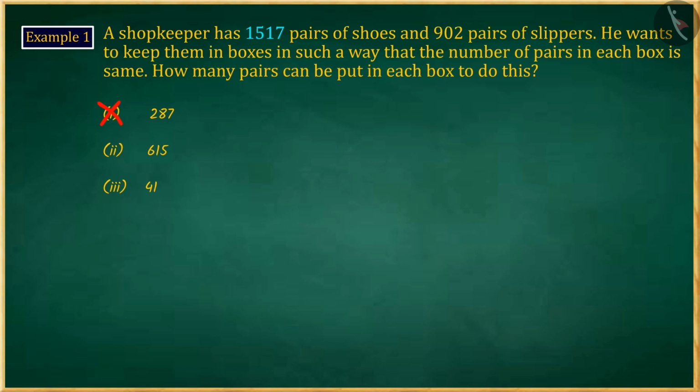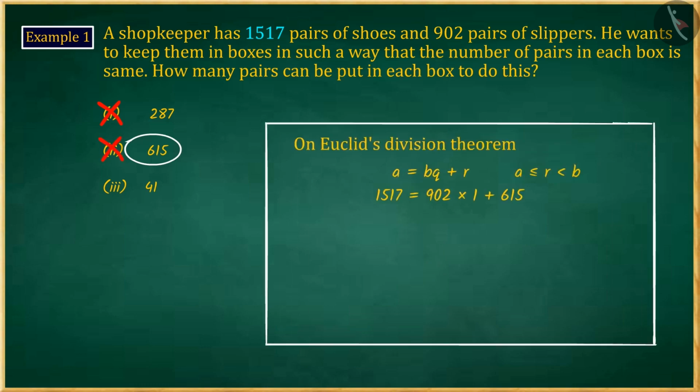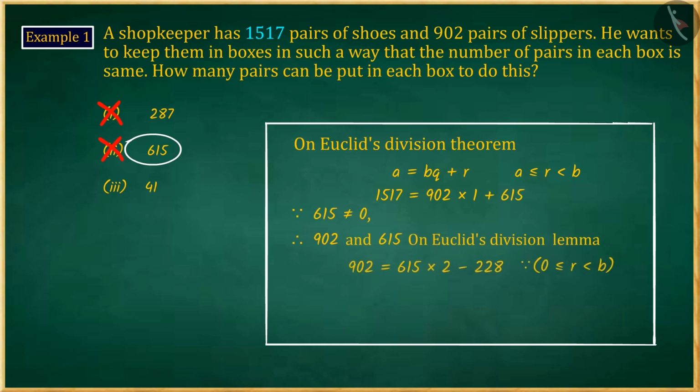If you have chosen option 2, then it's a good try. But this is also a wrong answer, because when you apply Euclid's division lemma again to the new divisor 902 and 615, then you get a negative remainder, which is not correct, as in the lemma the value of r is not negative.